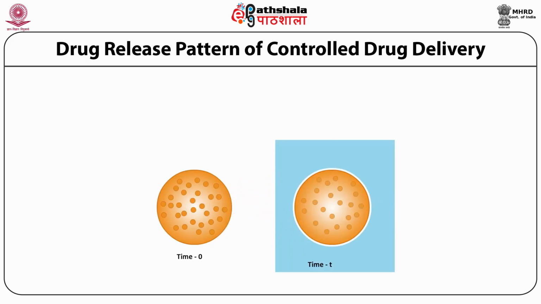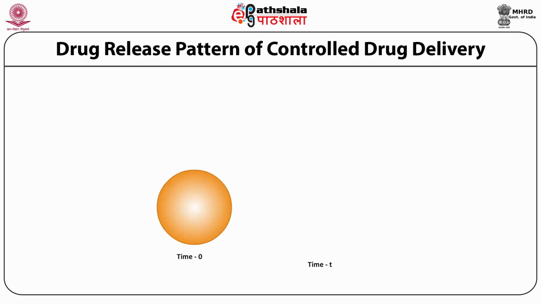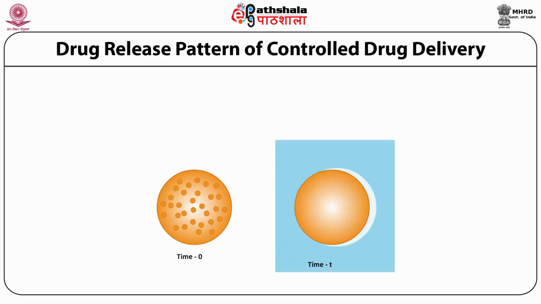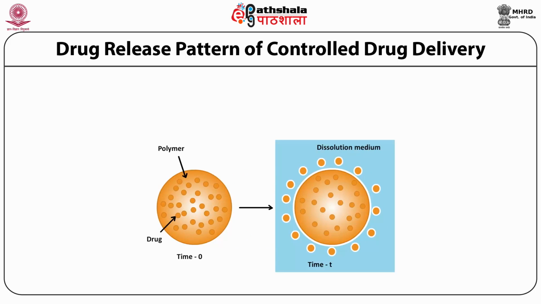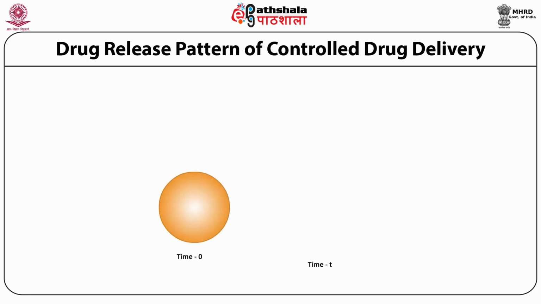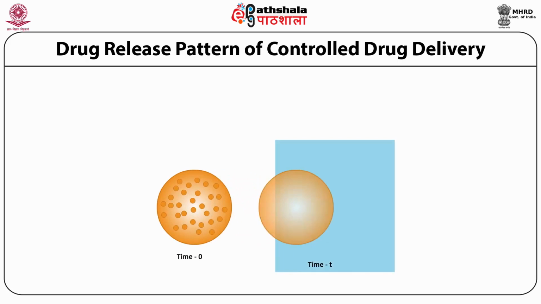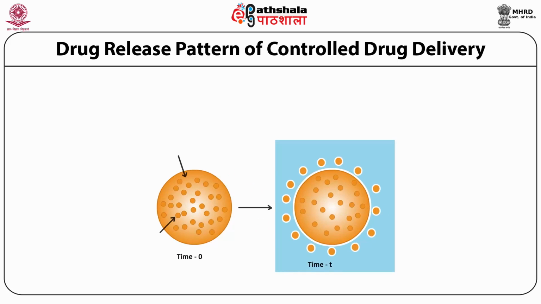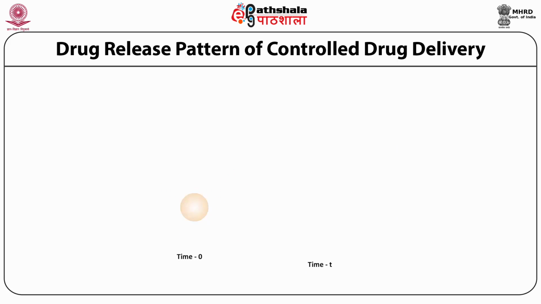As a result of these simultaneous processes, two fronts are evident: a swelling front where the polymer gets hydrated and an eroding front. The distance between these two fronts is called diffusion layer thickness. Diffusion layer thickness depends on the relative rate at which the swelling and eroding fronts move in relation to each other.